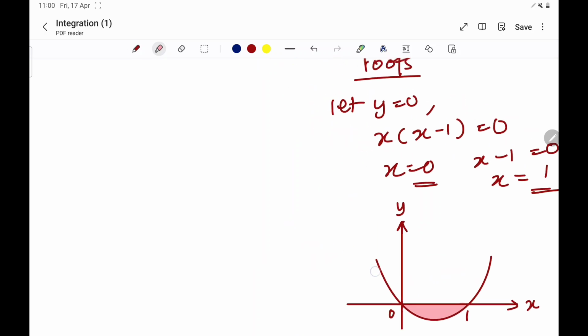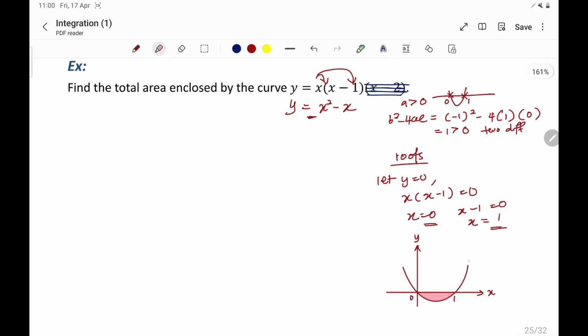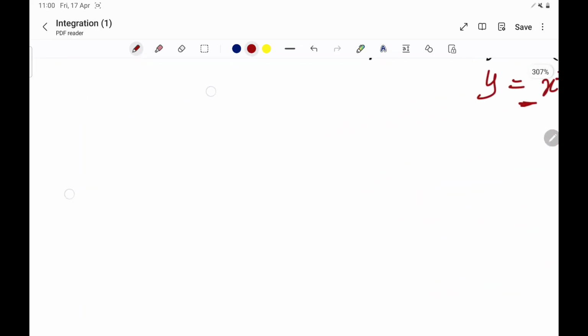We can use integration. Because the function is actually equal to x multiplied with x minus 1. So here we can integrate y dx, from a to b.